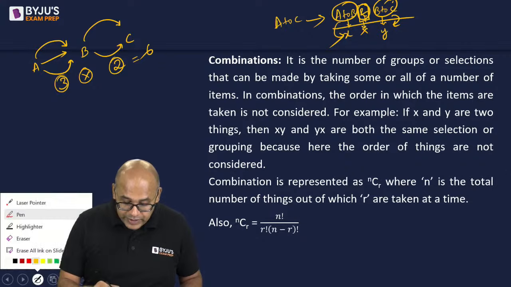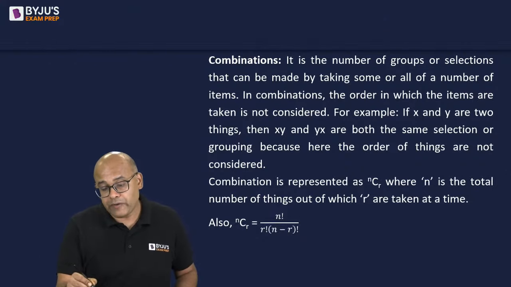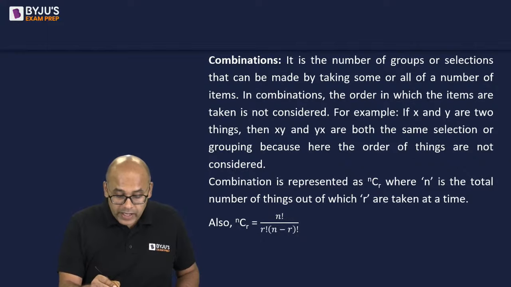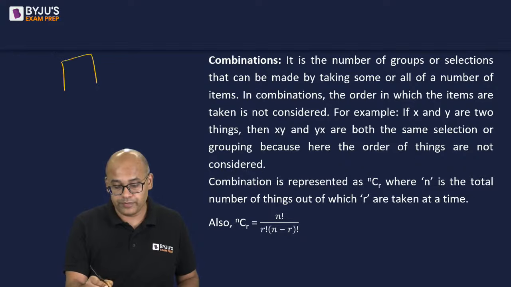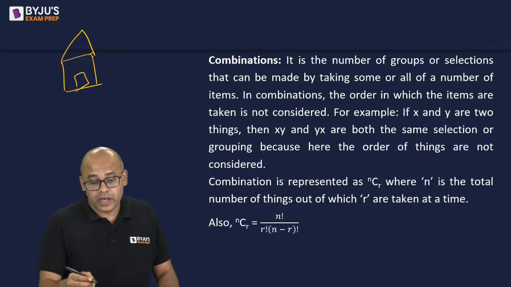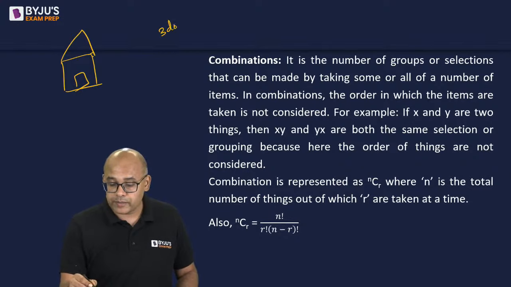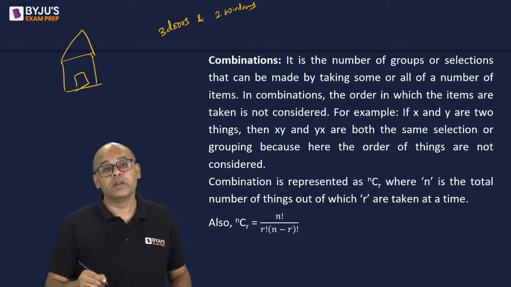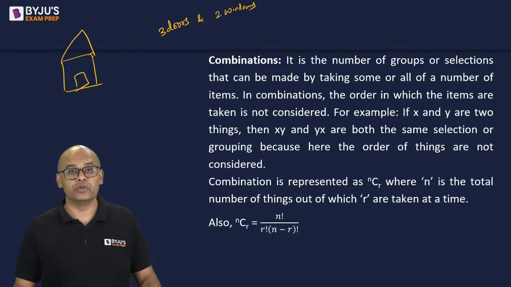The addition rule says, let me give you an example. A thief has to enter a house. The house has 3 doors and 2 windows.